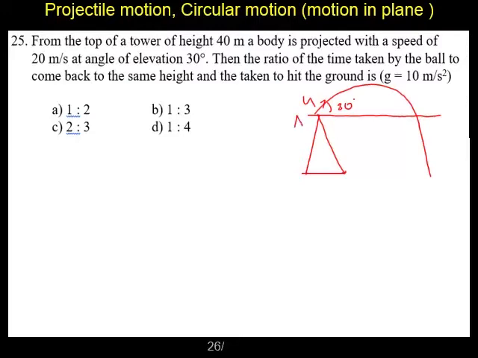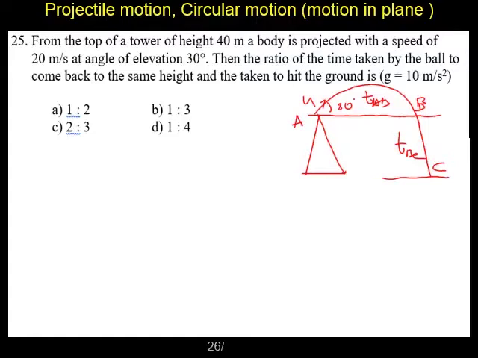Let us say this is point A, this is point B, and here is the ground, C. Then the time taken for the ball to cover AB is T of AB, and the time to cover BC is T of BC. They are asking the ratio of T of AB to T of BC.